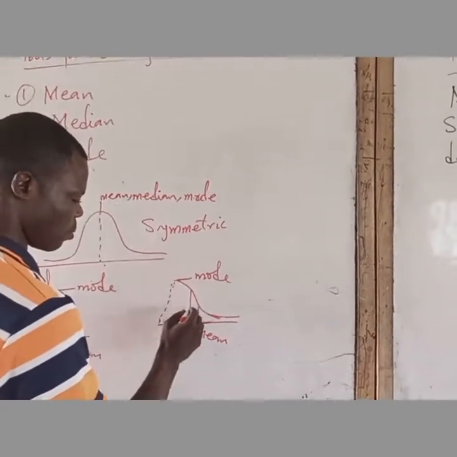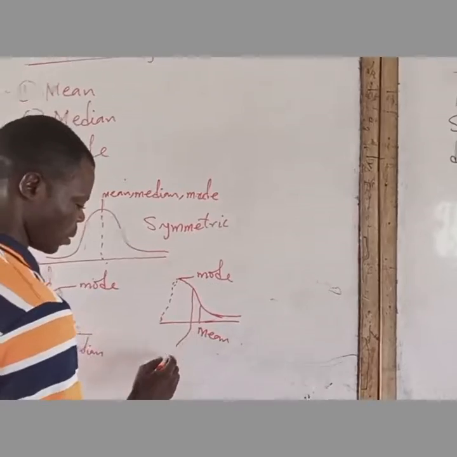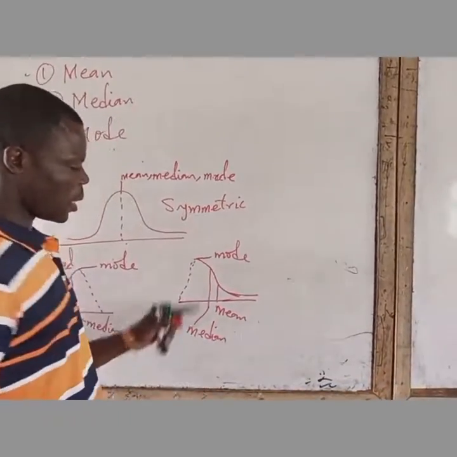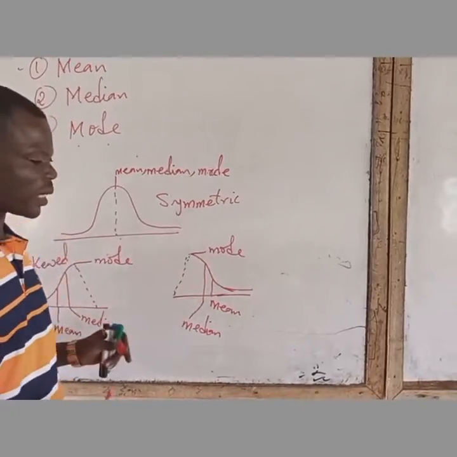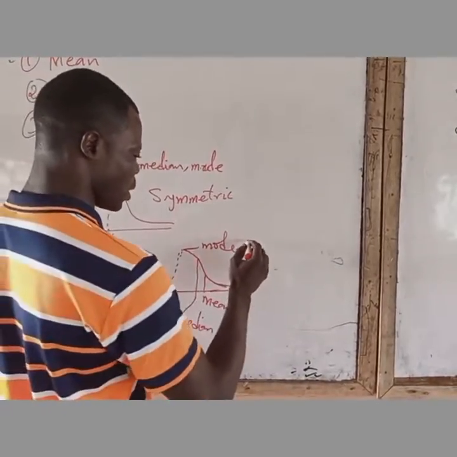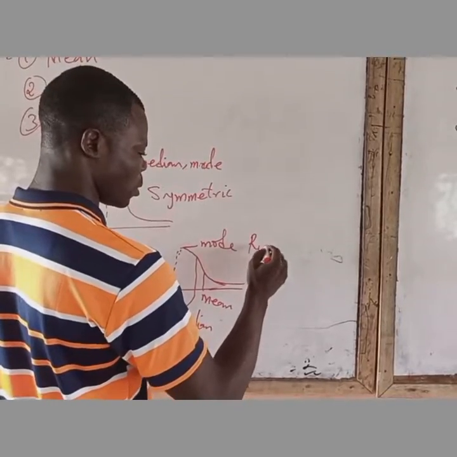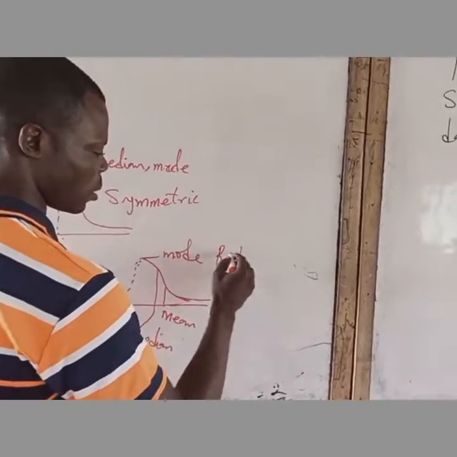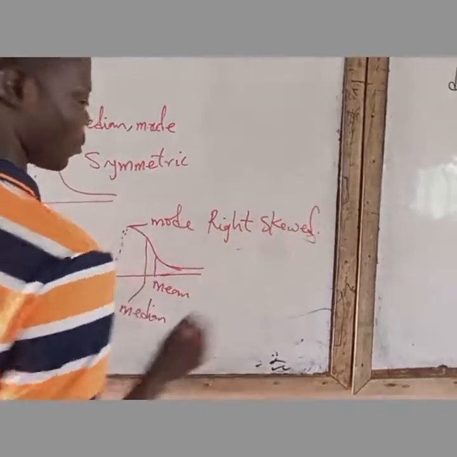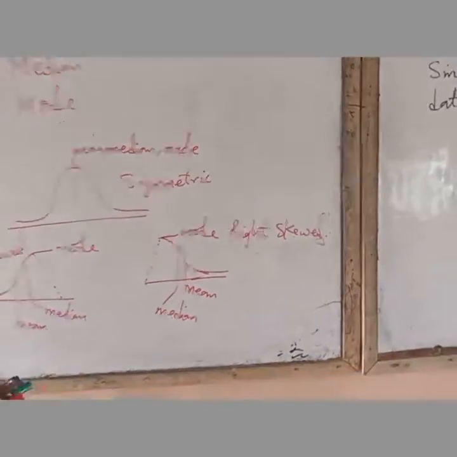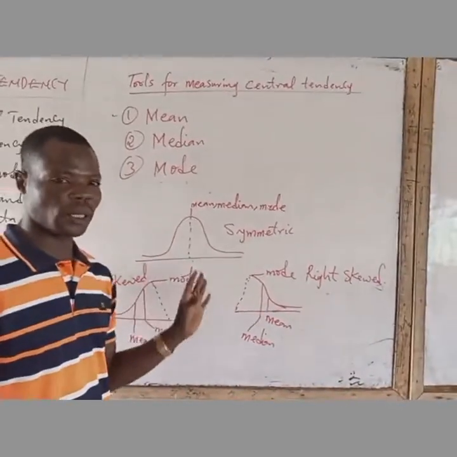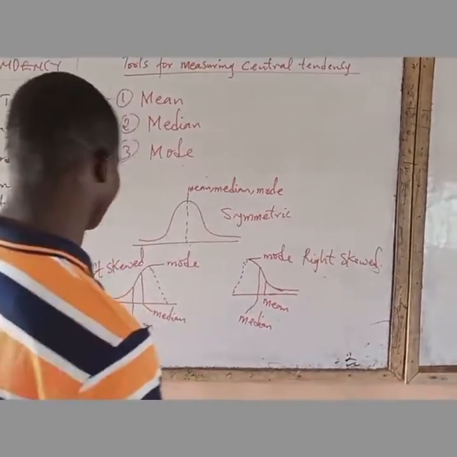And this will be our median. In this manner, we say the distribution is right skewed. So these are the tools for measuring central tendency.